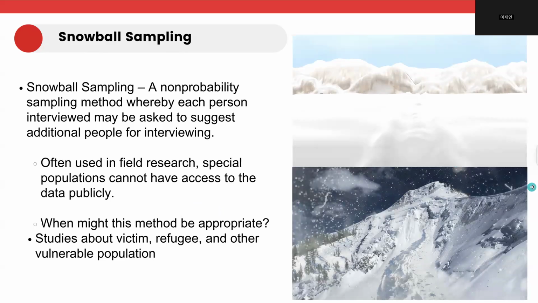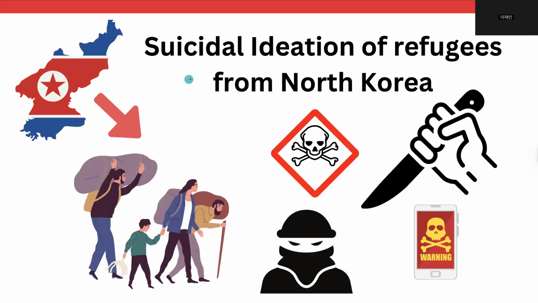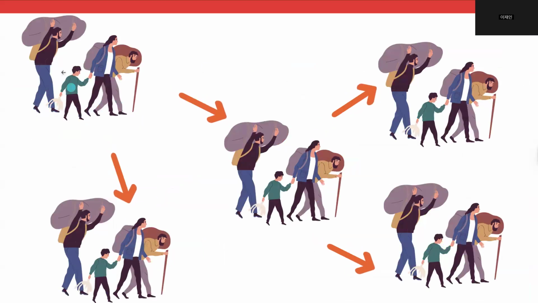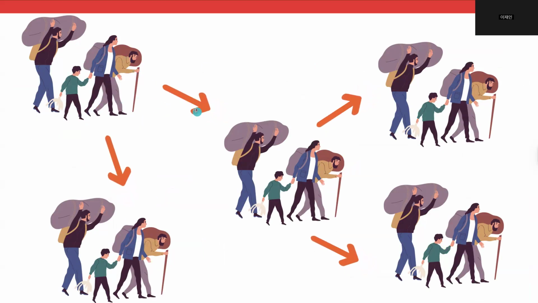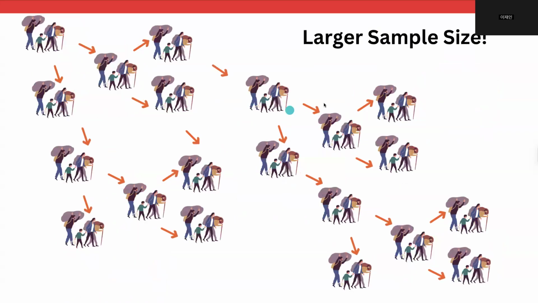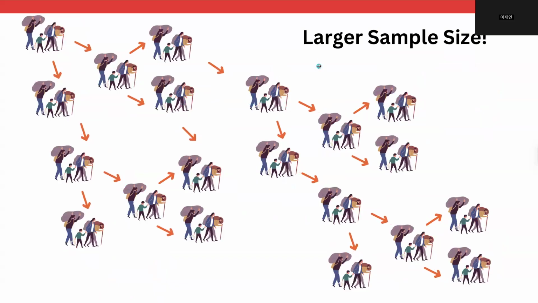For example, some of you are in the unification department, political unification as a major, studying the suicidal ideation of refugees from North Korea. You start with one interview from a family, and you get their trust, and they introduce three new family members, and they introduce again and again, and you may have a larger number of participants in your research.